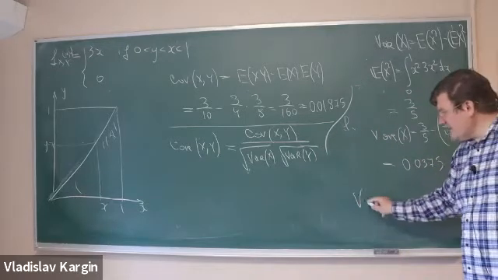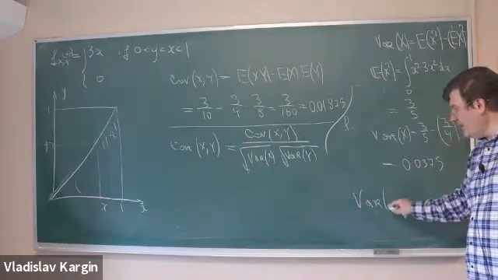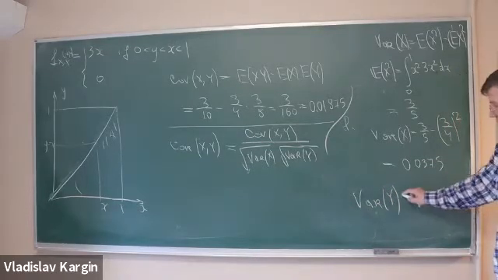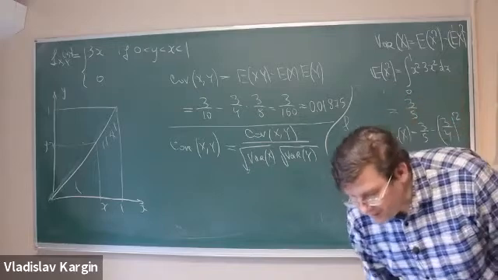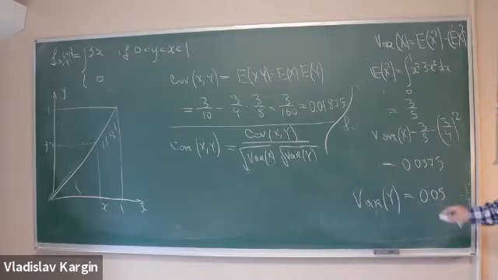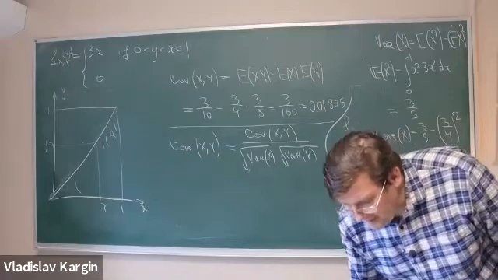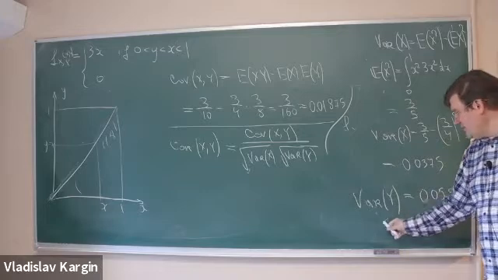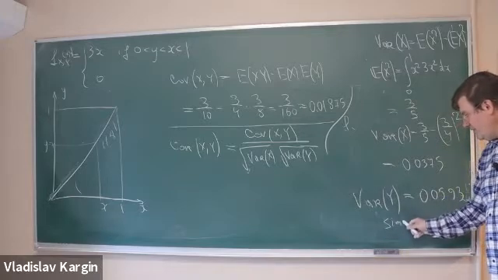Now let me skip the calculation of the variance of Y. Nothing new except more calculation of integrals. Just write down that this is equal to about 0.0593. It's a similar calculation.